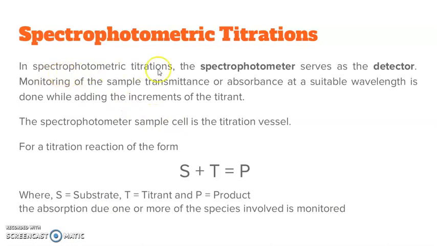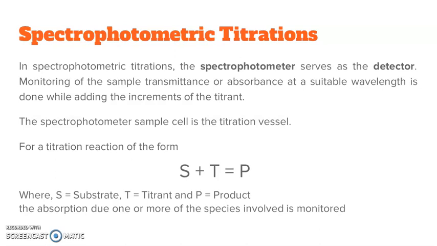So in spectrophotometric titrations, the spectrophotometer serves as a detector, as I have mentioned previously, and monitoring of the sample transmittance or absorbance at a suitable wavelength is done while adding the increments of the titrant. What we are trying to do here is club the two analytical techniques, that is the titration and the spectroscopy. In the same titration setup, where there is a titrant and a standard unknown sample and an indicator, we perform the titration using the titrant along with the analyte in the presence of an indicator.